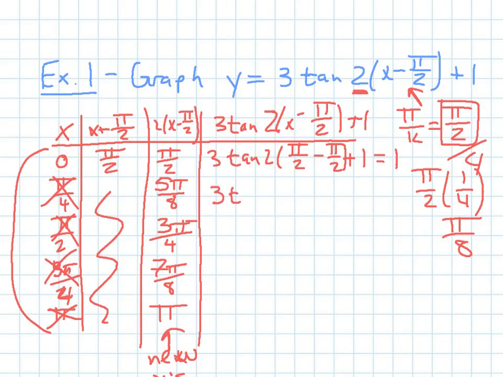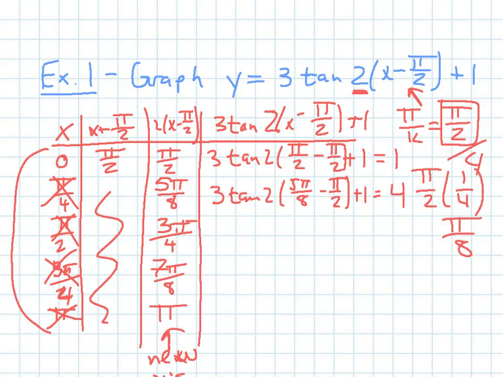Then doing that same thing for 5 pi over 8: 5 pi over 8 minus pi over 2 gives me pi over 8, times 2 is pi over 4. Tangent of pi over 4 is 1. 1 times 3 is 3, plus 1 is 4.